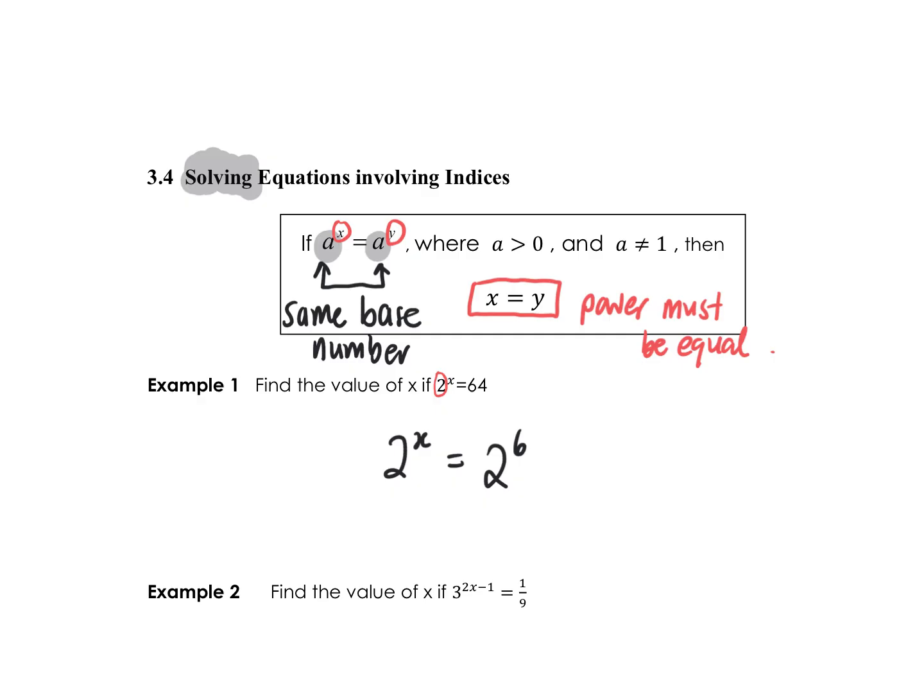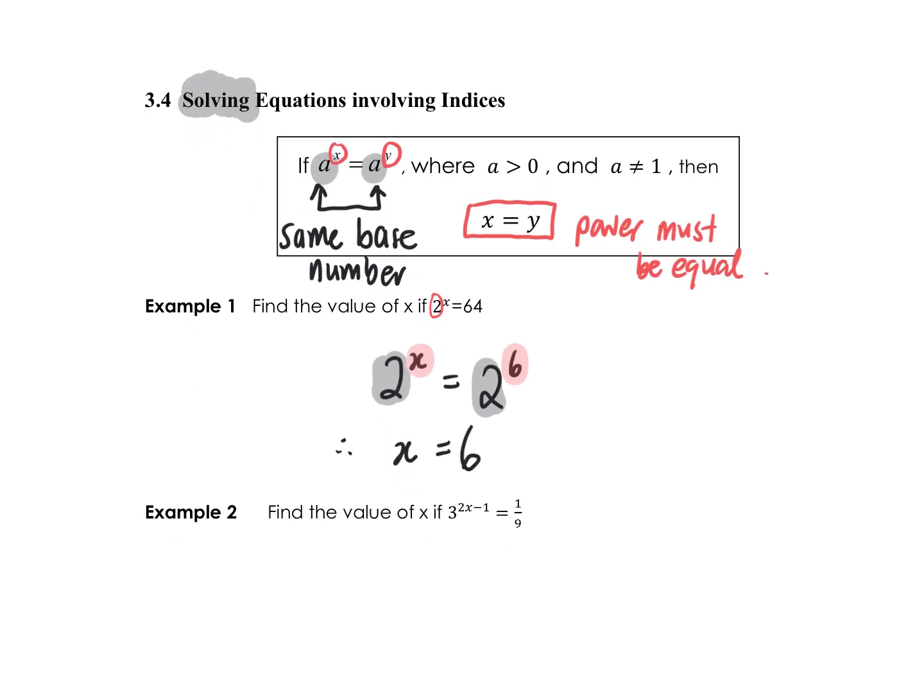Okay? You can type it into your calculator, but eventually you will memorize some of these powers. And then since the base is the same, you can conclude the power must be equal. That's all. So the idea is to make sure that on both sides the base is the same, then you can equate the power.